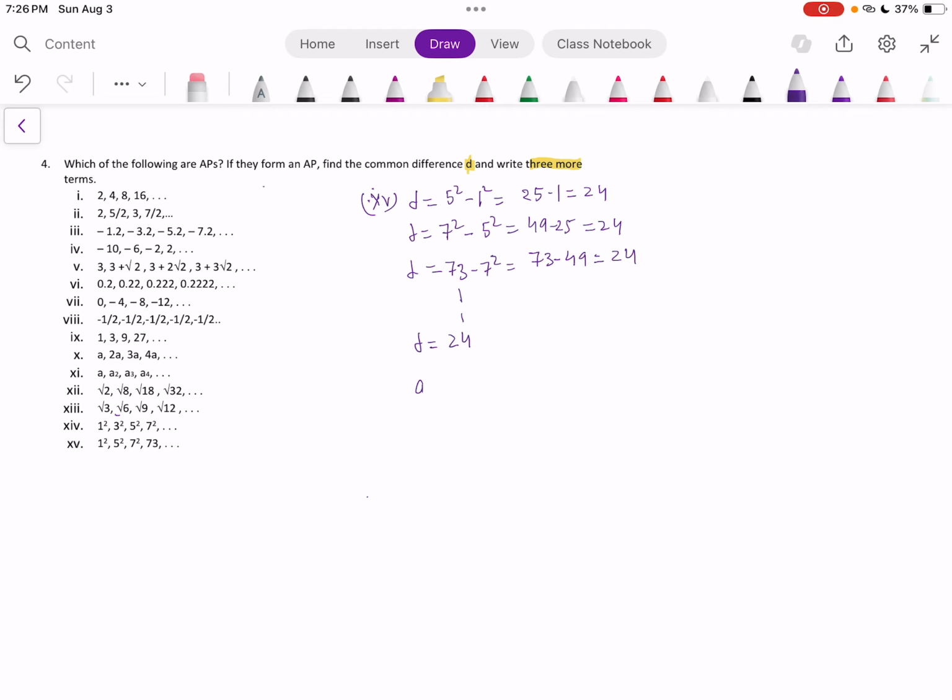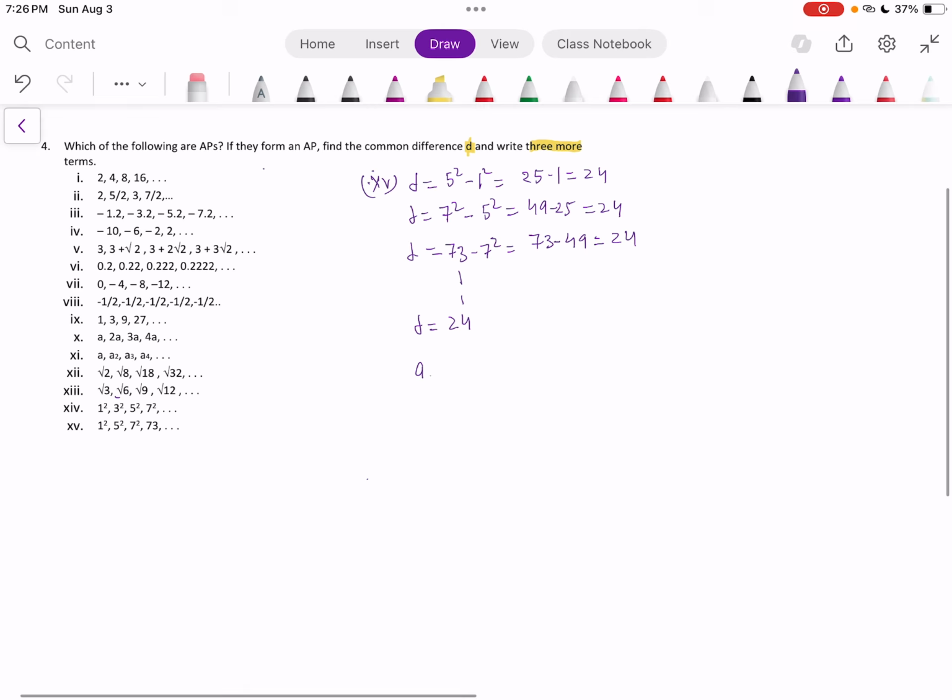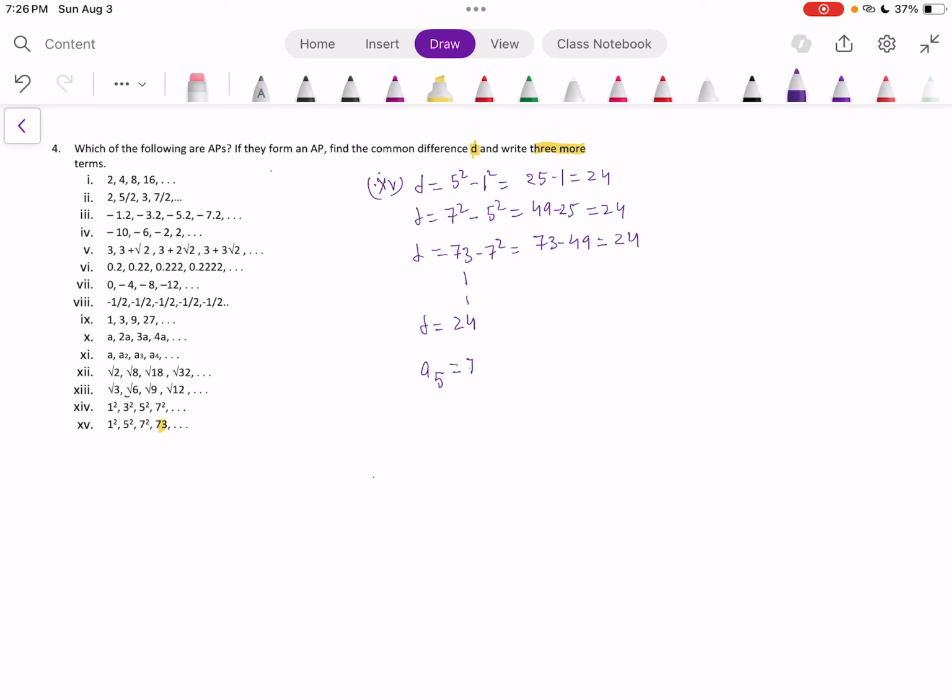And the fifth term is going to be the last term, that is 73, plus the common difference. 73 plus 24 is going to be 97.